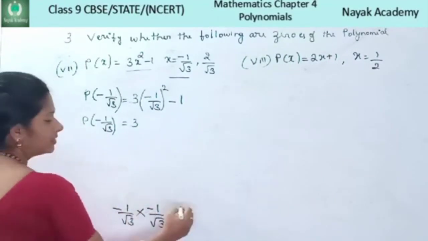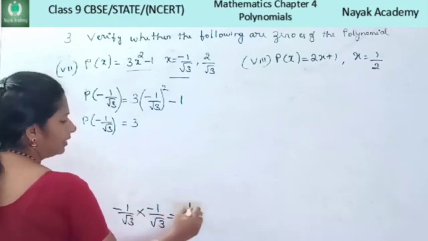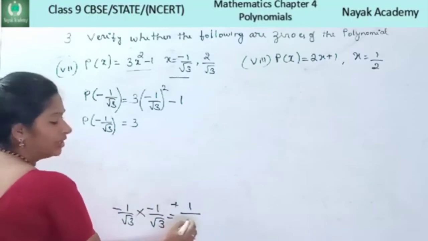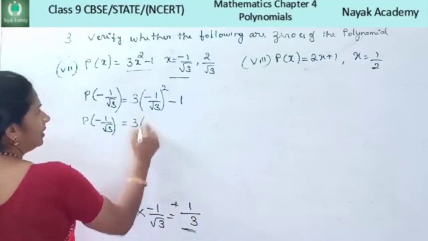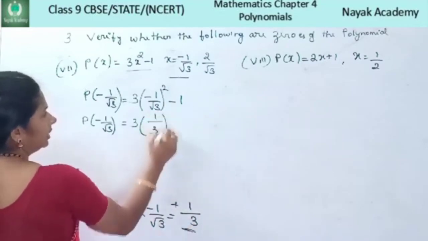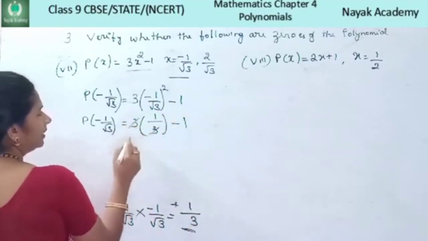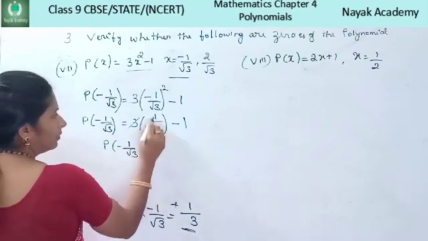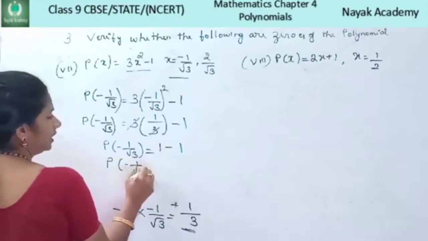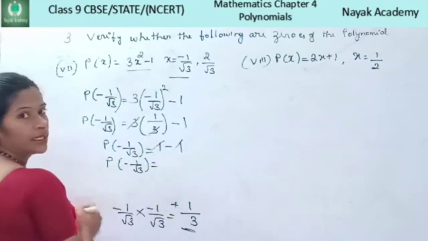So minus of minus plus, 1 into 1, 1. Root 3 into root 3, root 9 value is 3. So minus 1 by root 3 whole square value is 1 by 3, minus 1. 3 gets cancelled. So p of minus 1 by root 3 you will get 1 minus 1. So p of minus 1 by root 3 equal to plus 1 minus 1 gets cancelled.